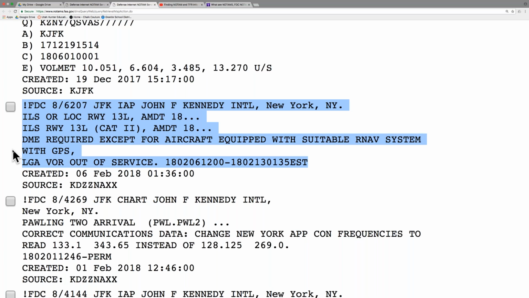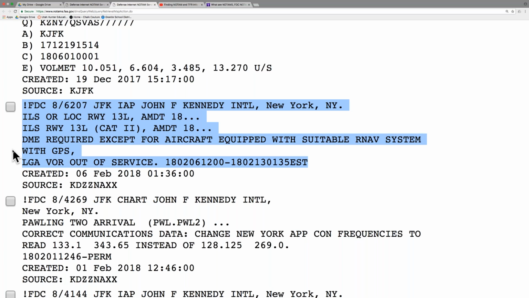Category 2. Amendment 18. DME required except for aircraft equipped with suitable RNAV systems with GPS and the LGA. I think LGA is a type of VOR.